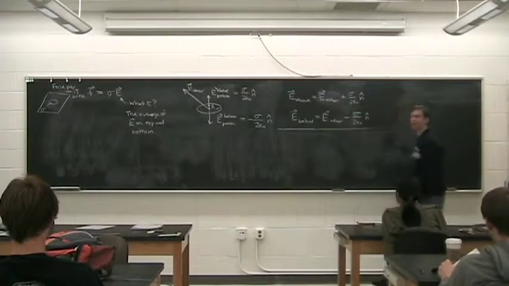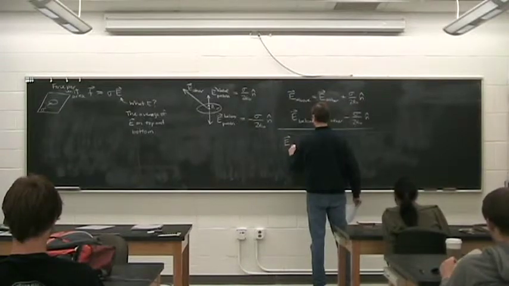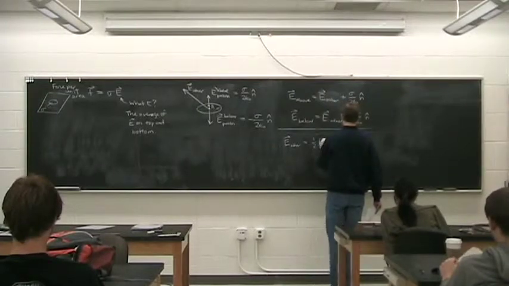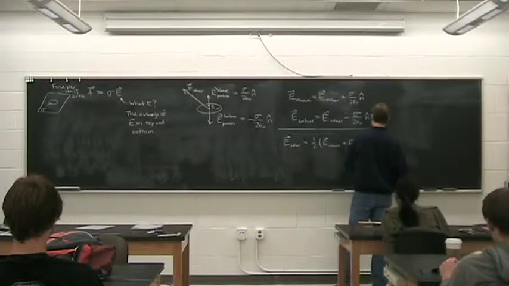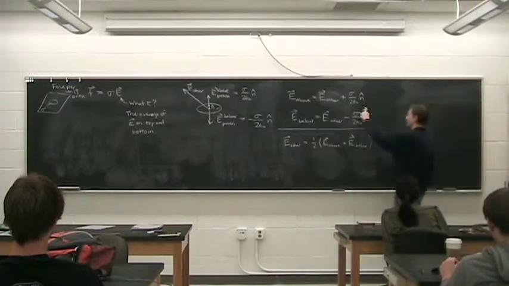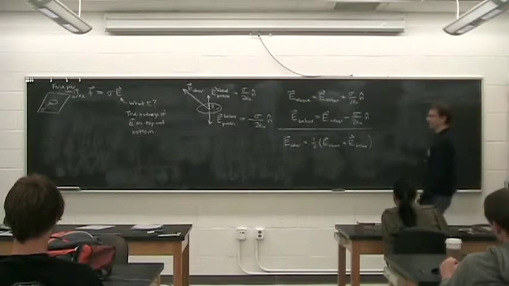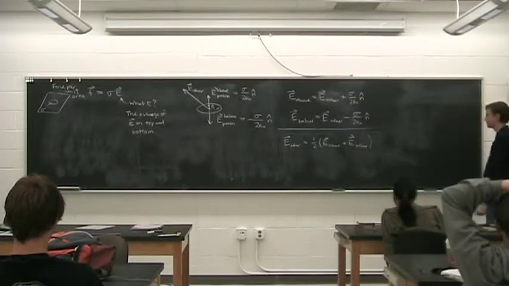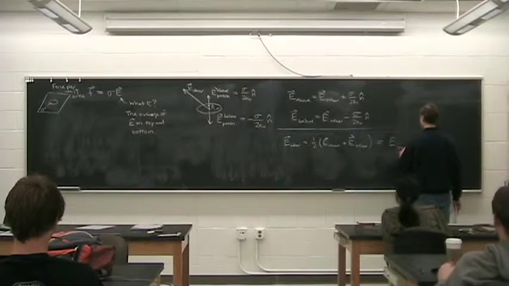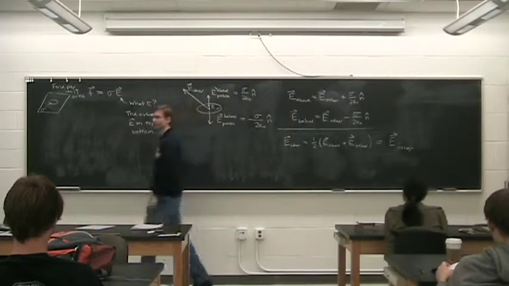Then you just add them up, and you find that E other is equal to 1/2 of E above plus E below. When you add them up, you get E above plus E below is 2 E other, because the patch contributions cancel. So solving for E other is just half of E above plus E below, in other words, the average value of the electric field above and below the little patch.